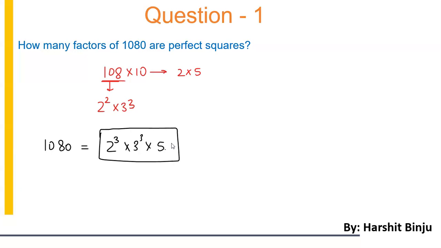So I can have an even power from here and an even power from here. So rather than writing this as 2 cube, 3 cube, let me simply write this as 2 square, 3 square, since I want a whole square: 2 square to the power 1 and 3 square to the power 1.